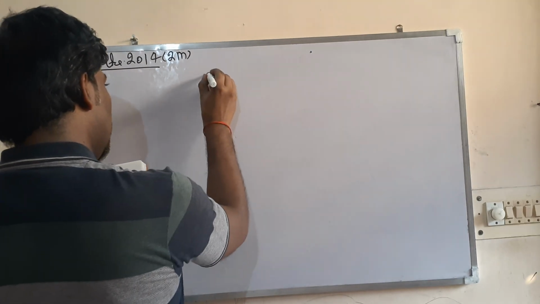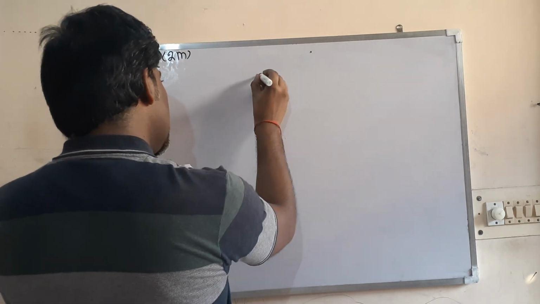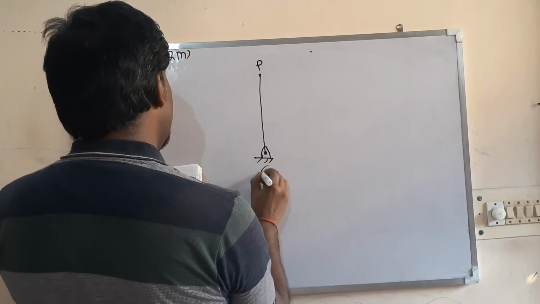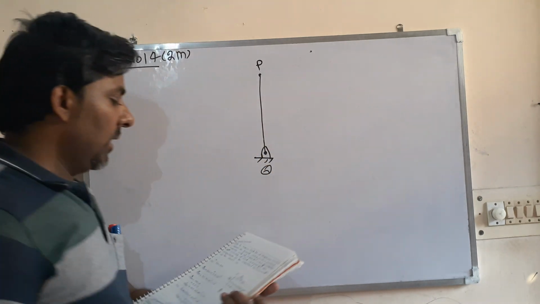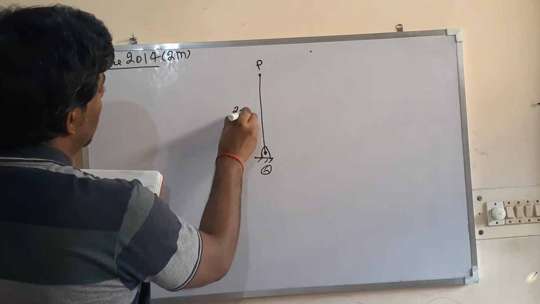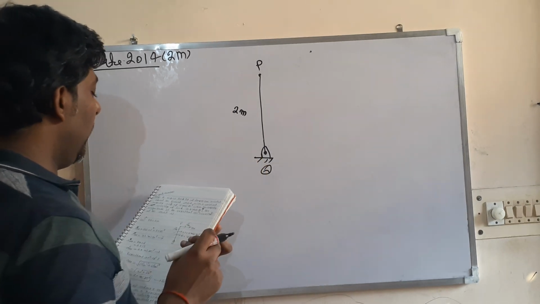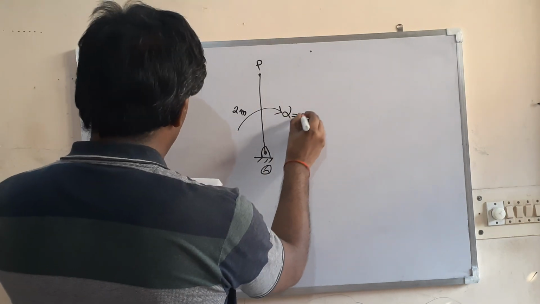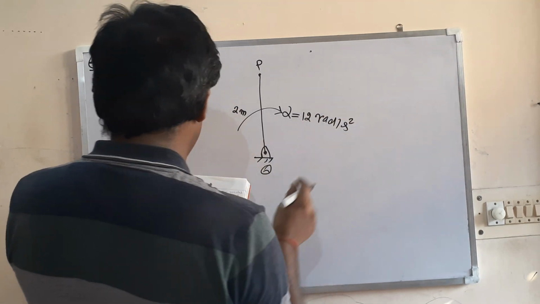In the question there is a link PQ, which is rotating about Q. A rigid link PQ of length 2 meter rotates about the pin end Q with a constant angular acceleration of 12 radian per second square.